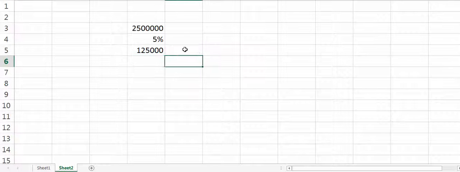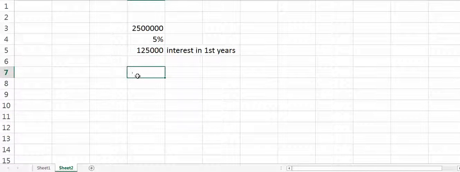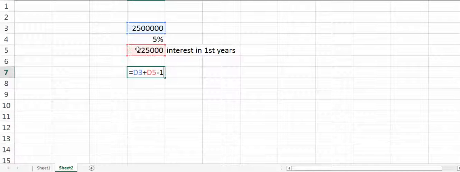I'm going to earn in the first year $125,000, but I'm only going to take out $100,000. So the second year, I'm actually going to start with the $2.5 million plus the $125,000 minus the $100,000 that I took out to live on.